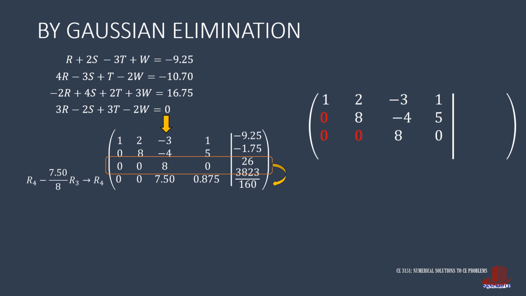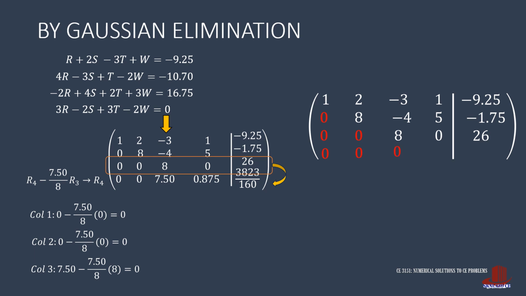The first element is then 0 less 7.5 over 8 of 0, resulting to 0. The element in the second column is 0 minus 7.5 over 8 of 0, which is still 0. The third element in the row is 7.5 minus 7.5 over 8 of 8, making 0.